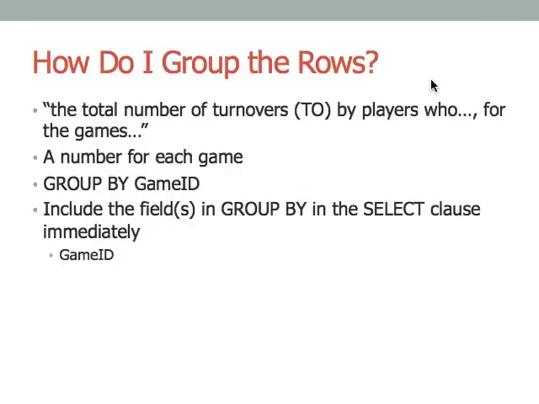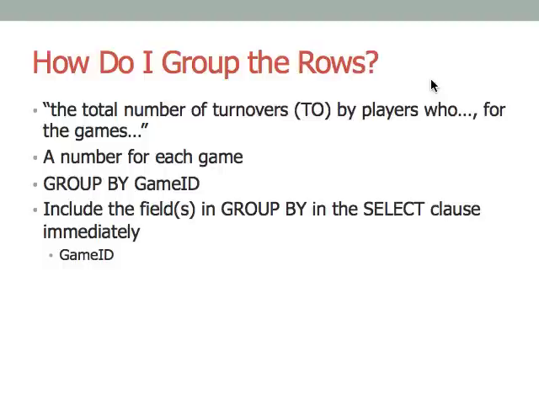Once we do that, we decide on how we need to group the rows. The total number of turnovers by a player or by players is for each game. So for one game, all the players who had more than 10 minutes, we need to add up their turnovers, which tells us we need the sum function for each game.